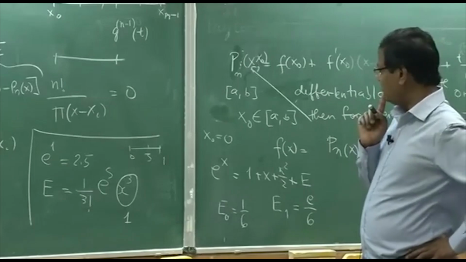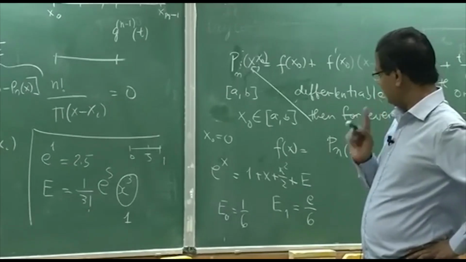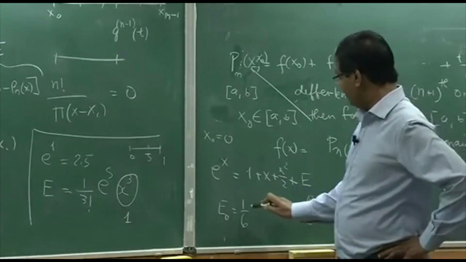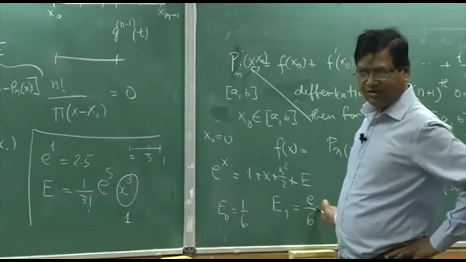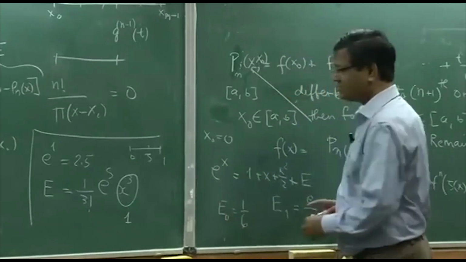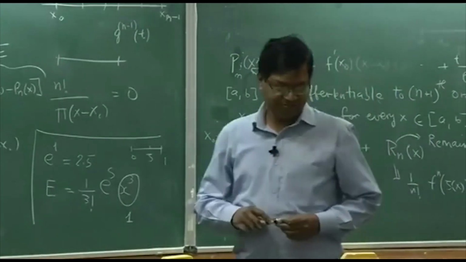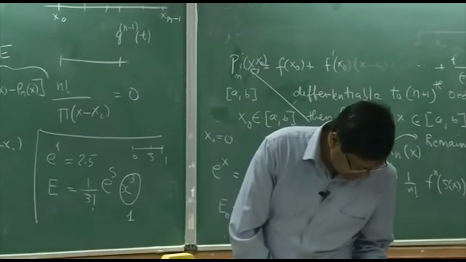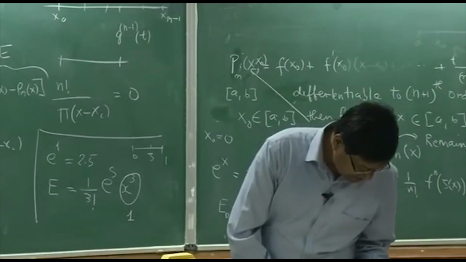So, my function is bound, am I getting it right? My function is bound between, well, this is the bigger value. I have put a bound: my error is lying between 1 by 6 and e by 6. Am I making a mistake? That seems correct.